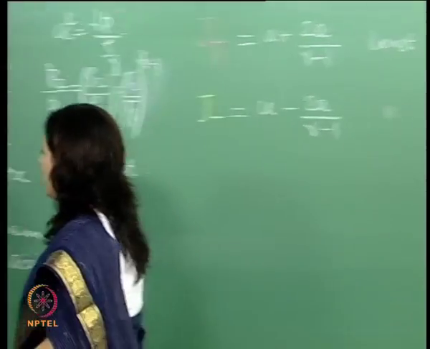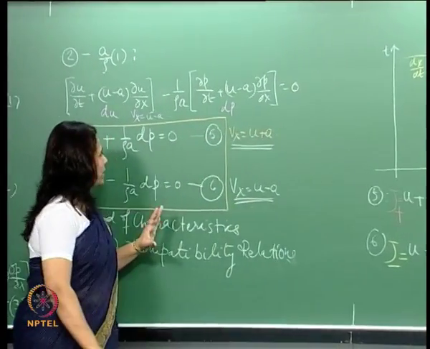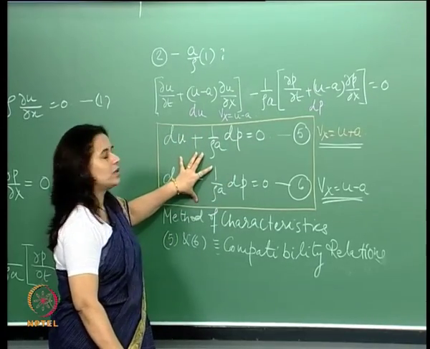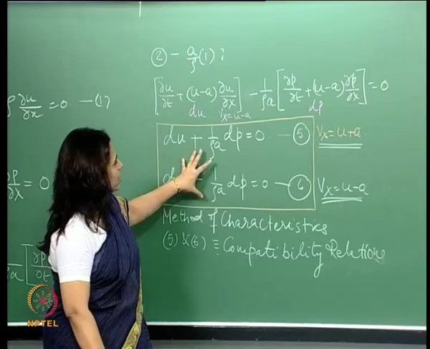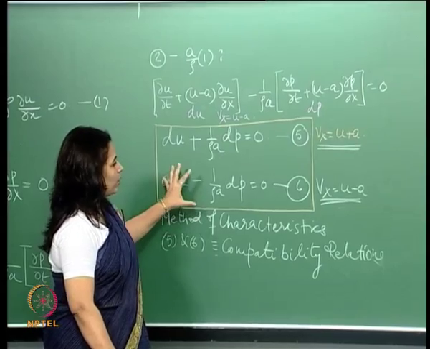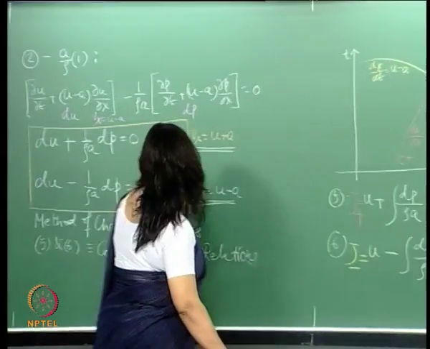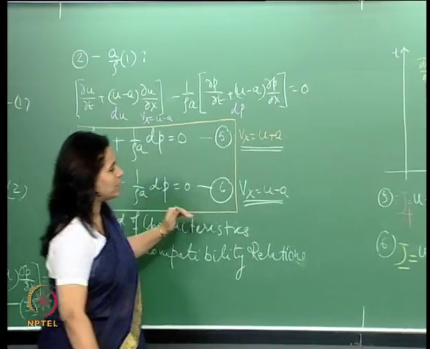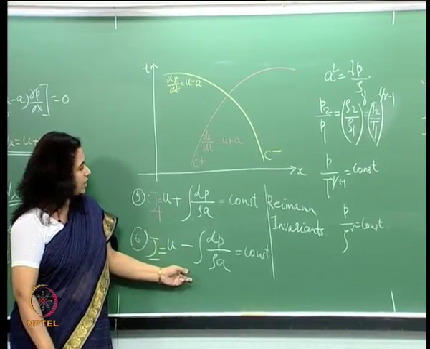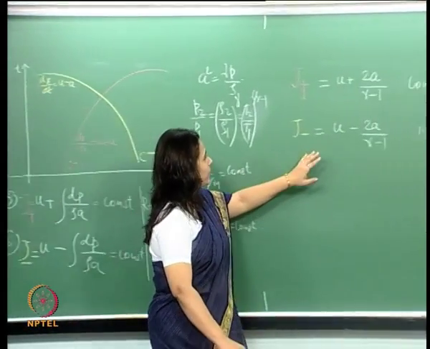So what we have essentially been able to do here, just take a step back. We got these compatibility relationships combining our governing equations for a finite wave. Now when we integrate these two compatibility equations, we get these two Riemann invariants, and we see that this can be further simplified into this.